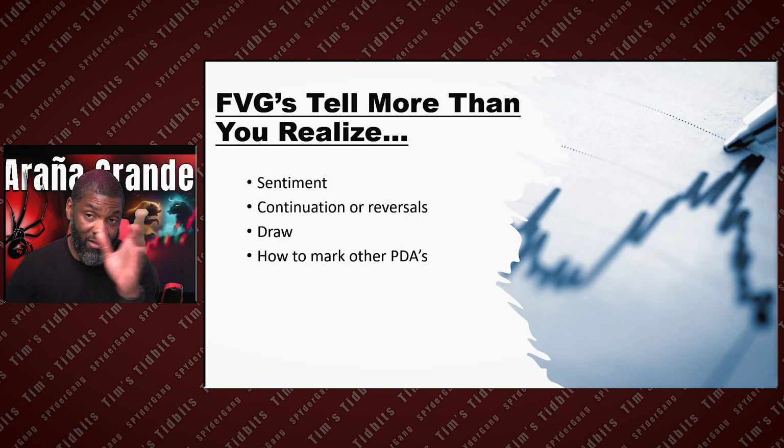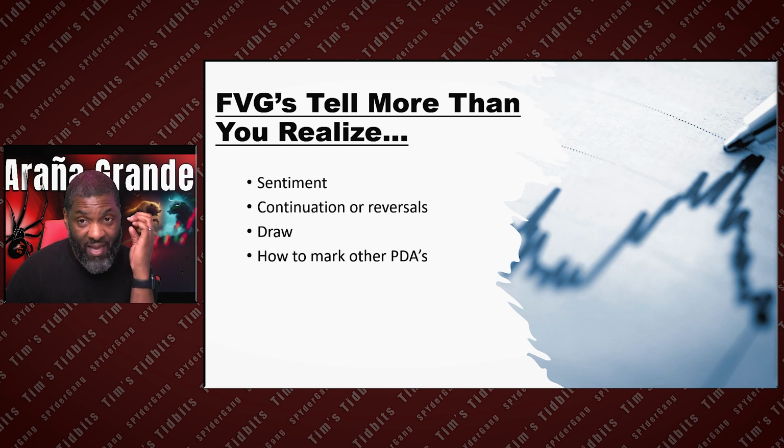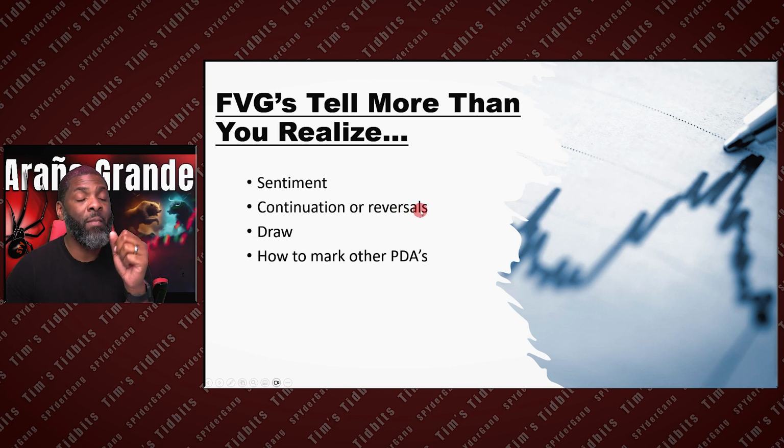Now, like we discussed in part 2, fair value gaps tell you more than you realize. In part 2, we covered sentiment and continuations or reversals. Now we're going to cover draw, how to let the fair value gaps help you confirm or identify a draw on liquidity.